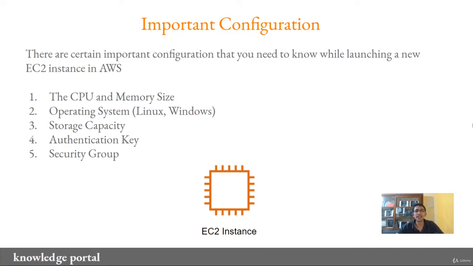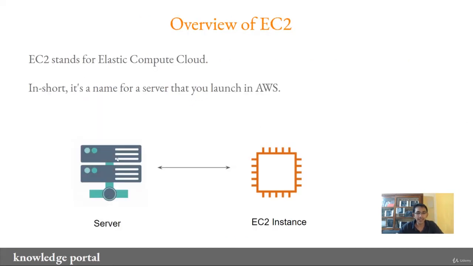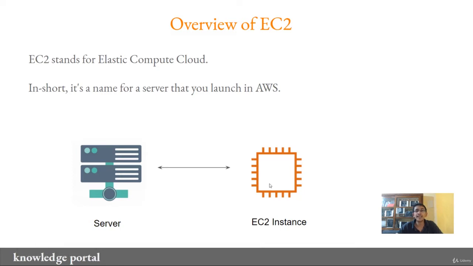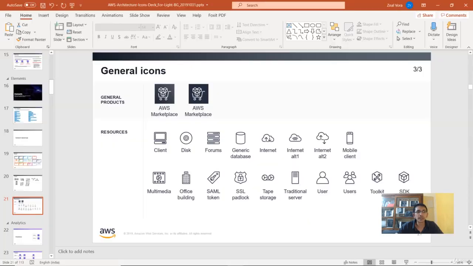Now, one interesting thing that you would have noted is that on the left hand side you have a server, but on the right hand side you have a different icon for the server altogether. In AWS, depending upon the service that you choose, AWS has its own icon for each service. In fact, let me quickly show you this. This is a PPT which contains all the icons which are officially released by AWS.